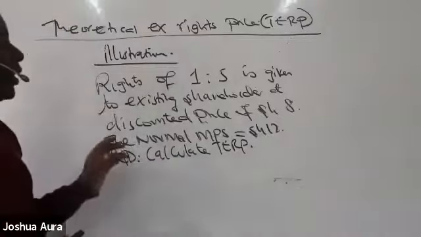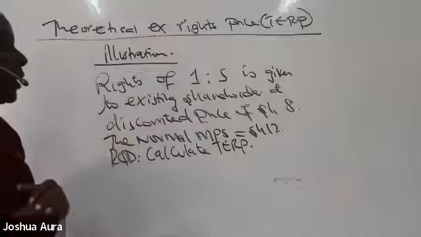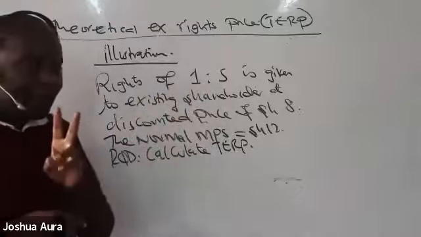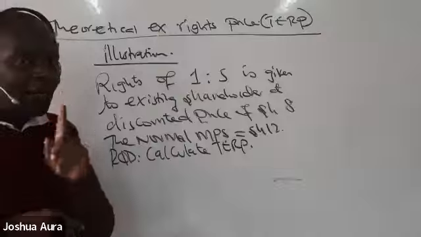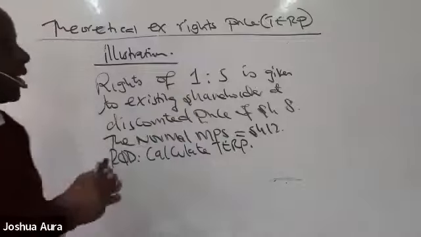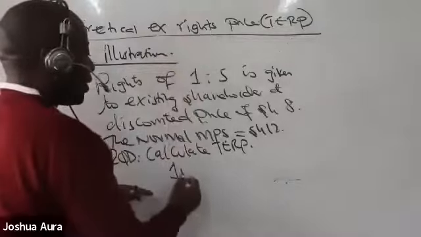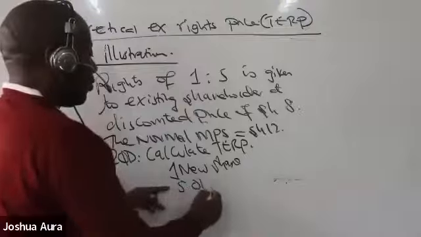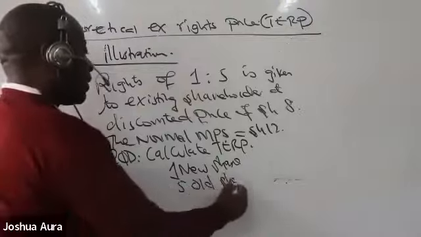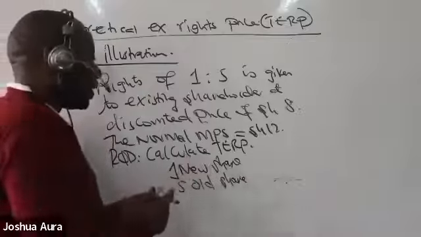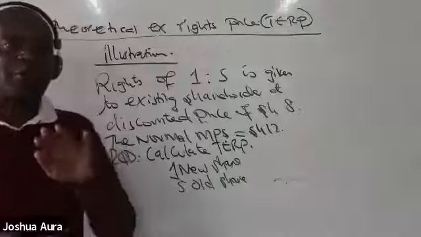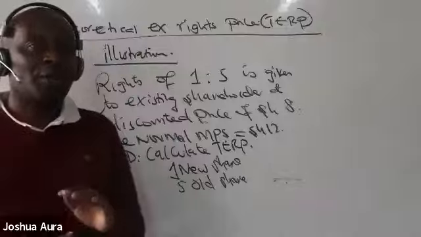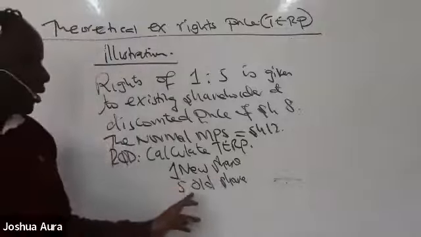So then, is there anybody who is able to calculate this theoretical X rights price? Now, here you are supposed to know. We are giving one right for how many? 5. So it will be 1 new share for every 5 old. Some students mix up the two, that it's 5 new and 1 old.